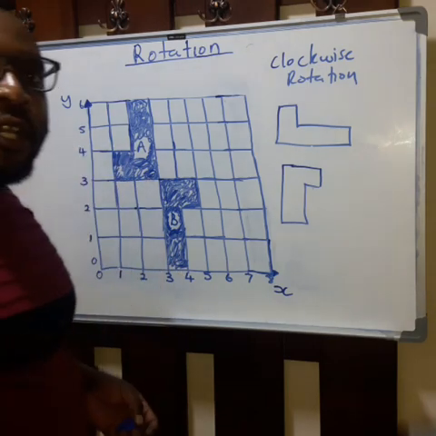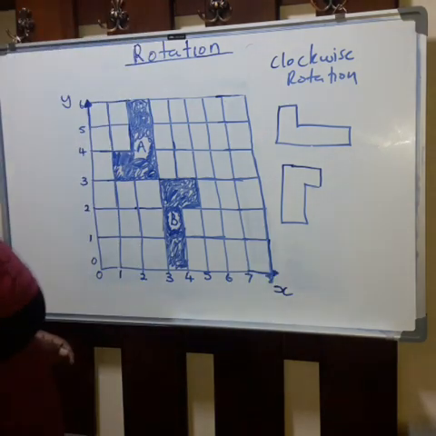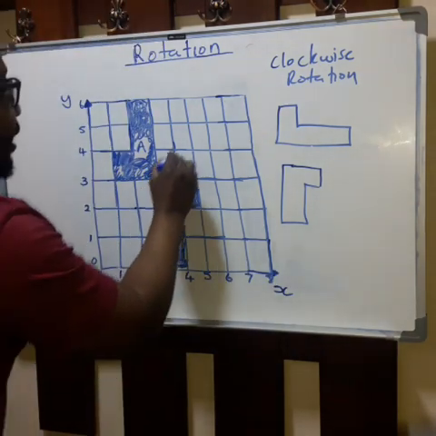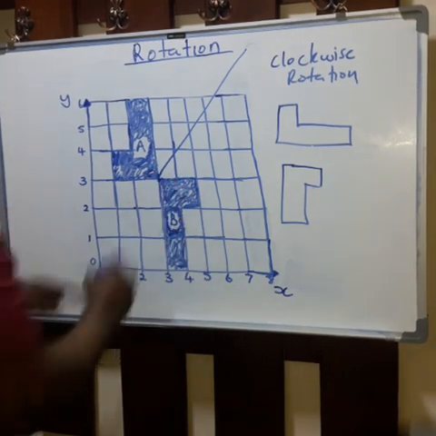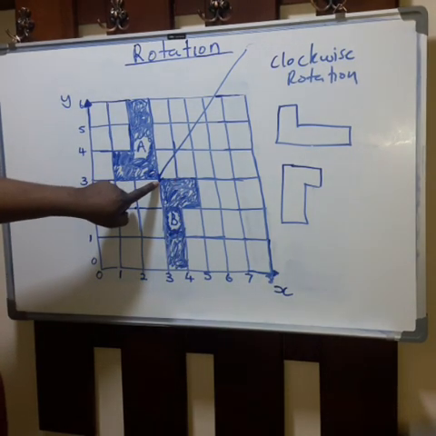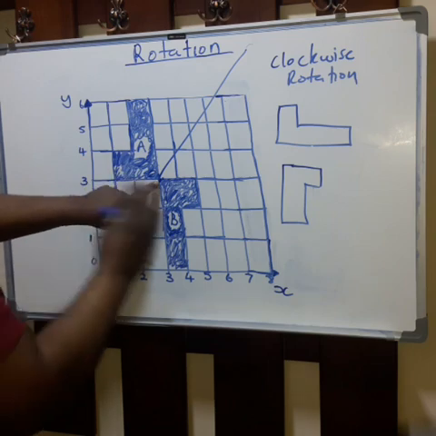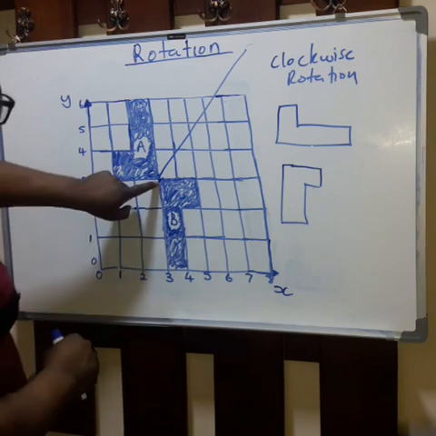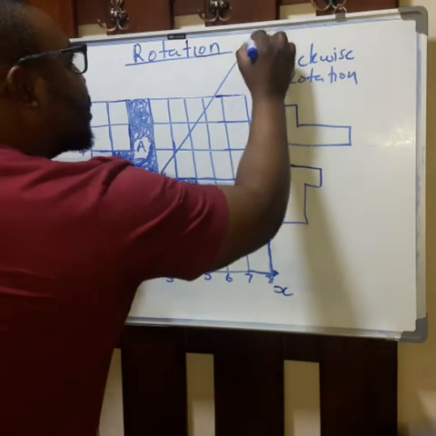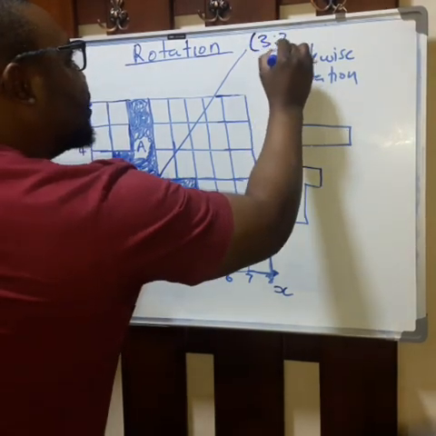And the center of rotation: shape A is rotated using a center. Allow me to put an arrow here. This is the center, okay? So there was no movement in terms of translation, the rotation took place at 3, 3.